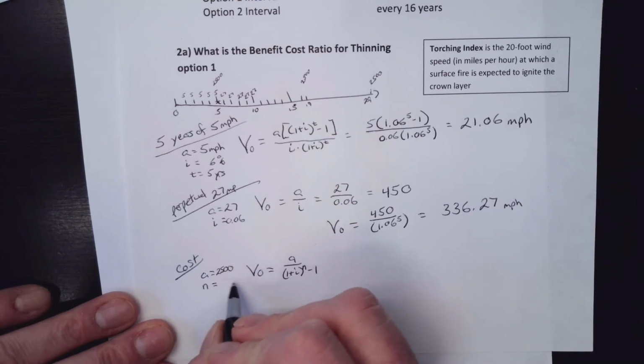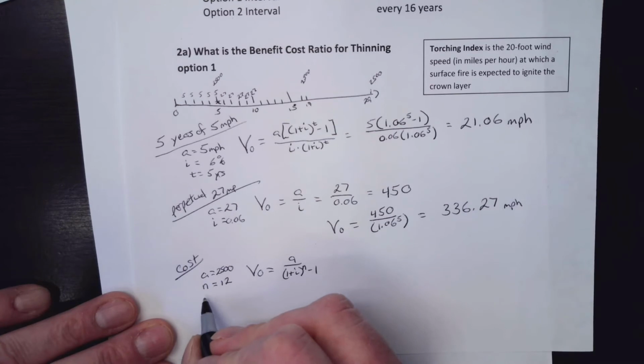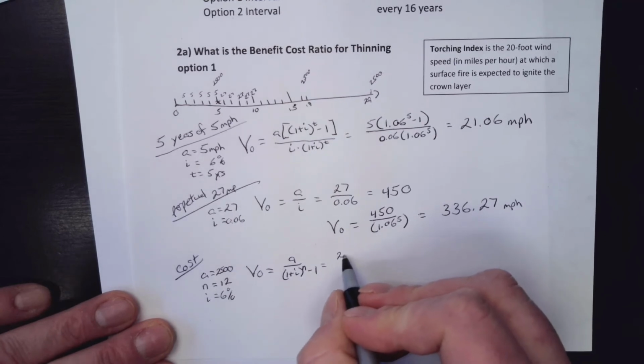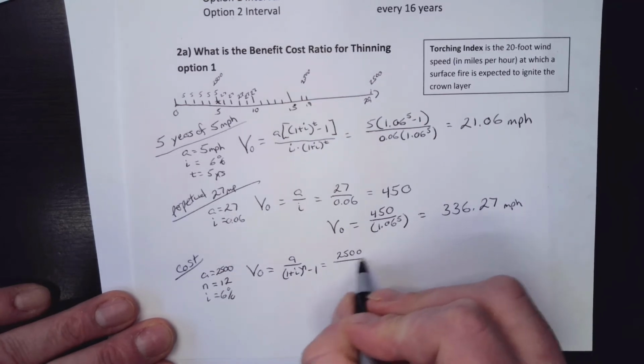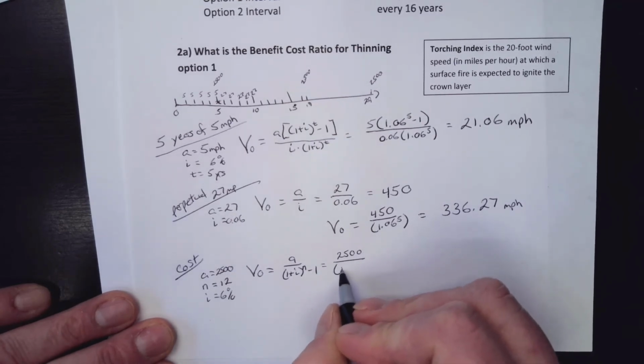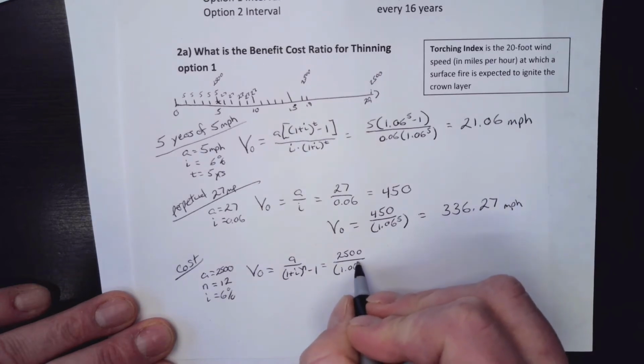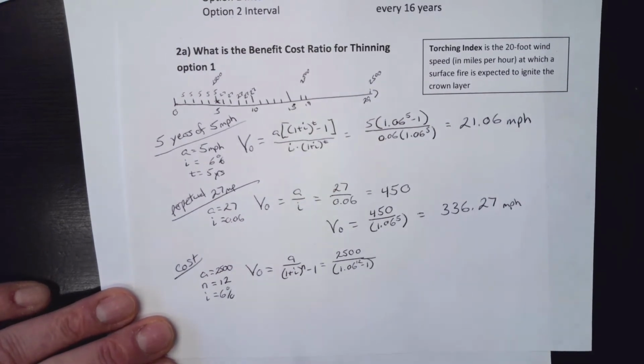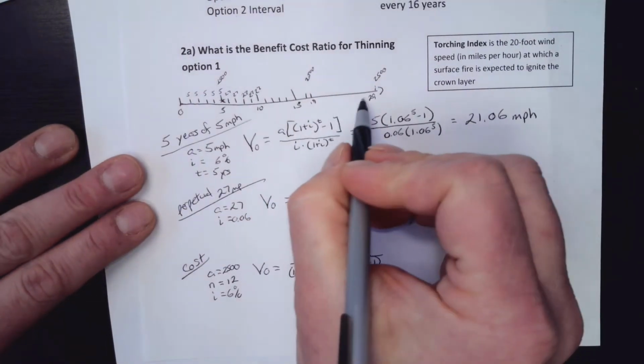Our N is going to be 12, and our I, of course, is 6%. So I can go ahead and plug that in: 2,500 over 1.06 to 12 minus 1. Okay, and that would be where it would be, but that's every 12 years.